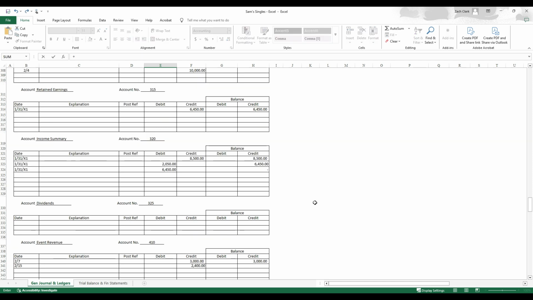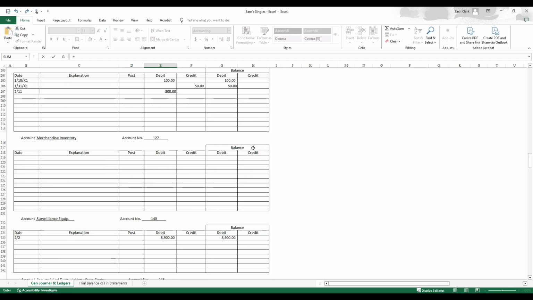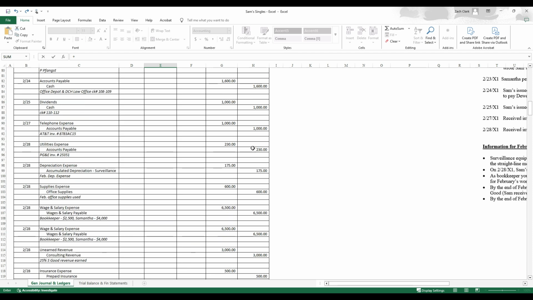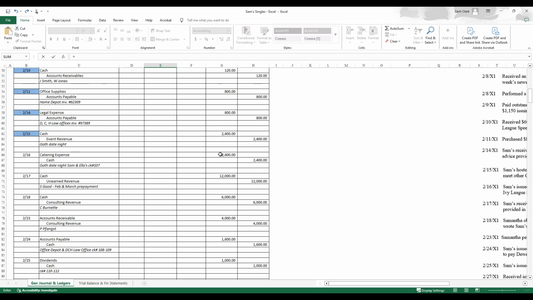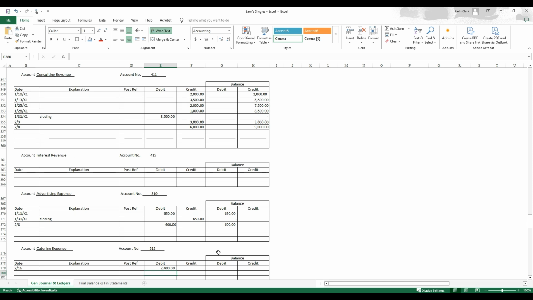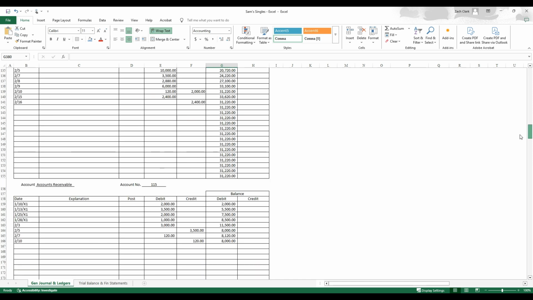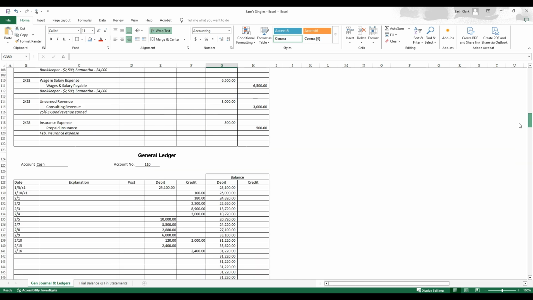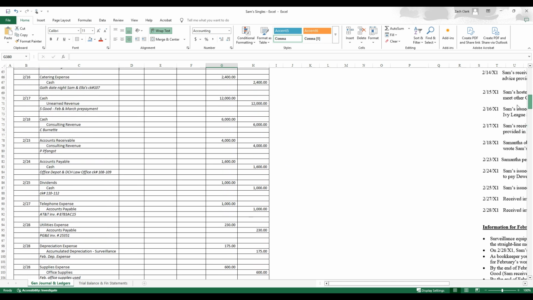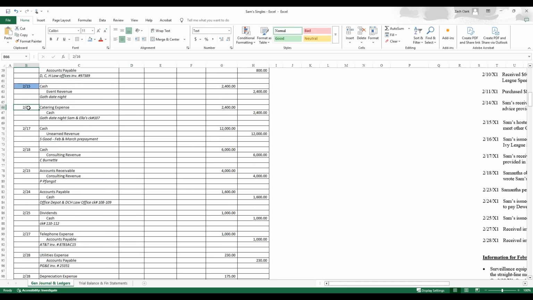Let's debit that. And let's carry it over to the running total. And I think, did we, shoot, no, I can't remember if we did the other side. Yeah, there's the cash payment, $2,400. All right.